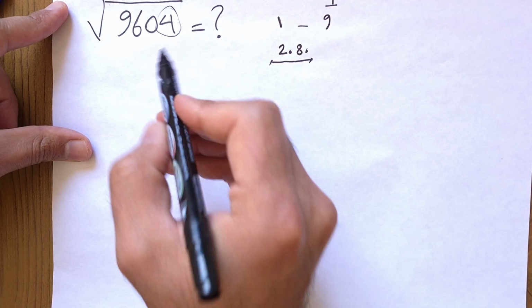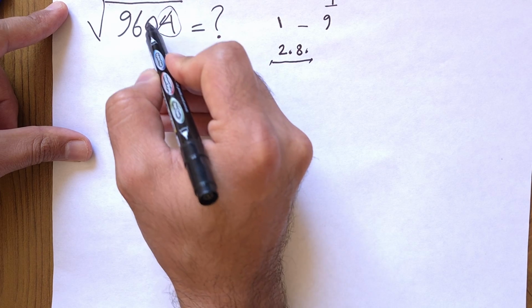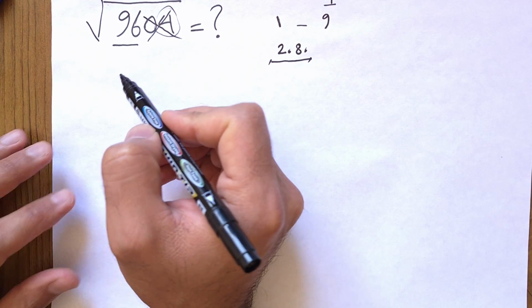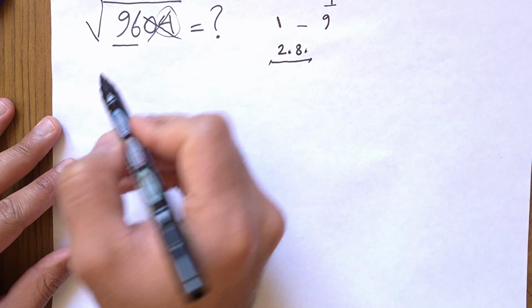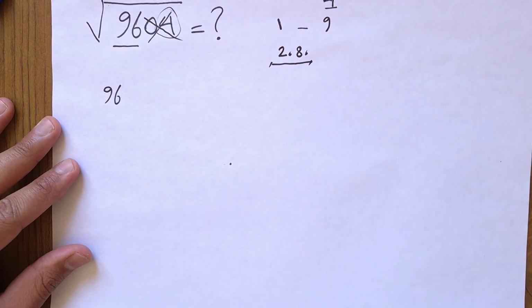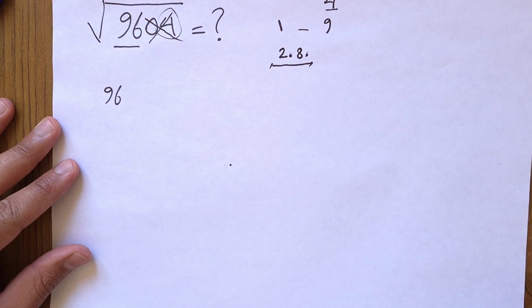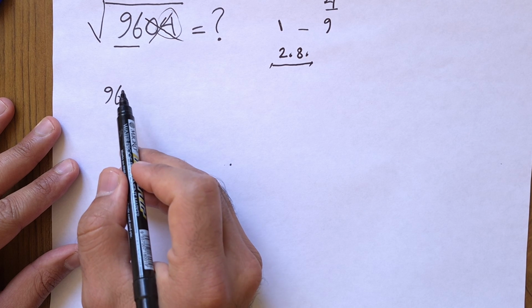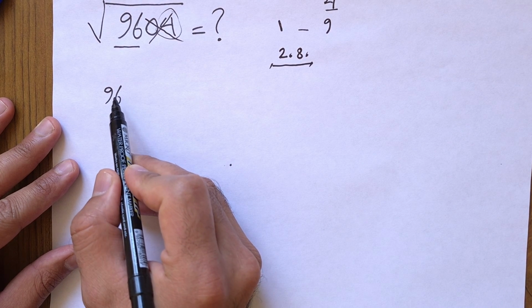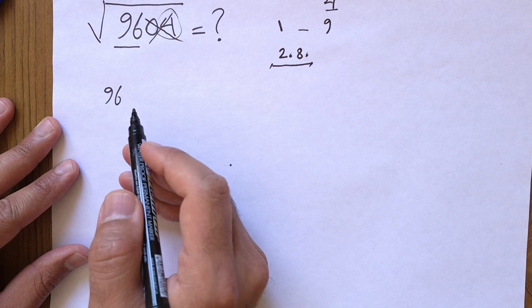For the second step, let's chop off the last 2 digits and just focus on the first 2 digits. So 96, let's write it down here. Now we need to find a number whose square is closest to 96, and it must be equal or less than 96.